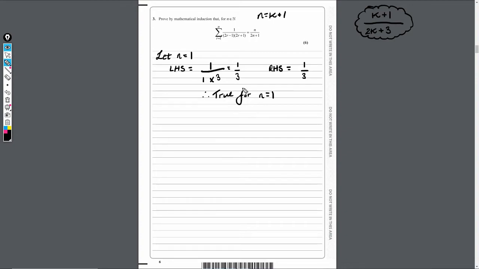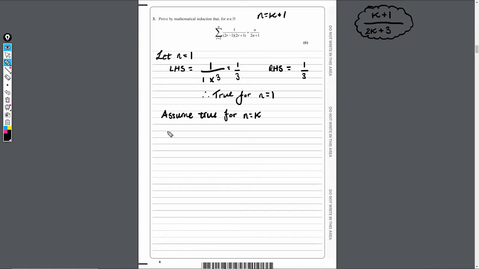Let's carry on now. What we say next is that we're going to assume it's true for n equals k. So if we assume this is true for n equals k, what would we end up with?